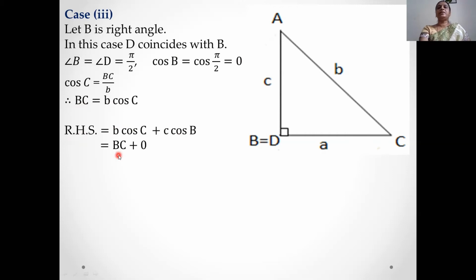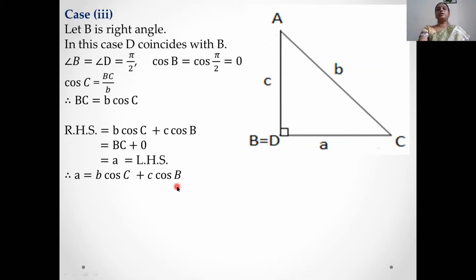Now, what is this BC? This BC is nothing but a. Therefore, you write down this equal to a, and this is nothing but equal to your left hand side. It means, in this case, we have also got a = b cos C + c cos B.